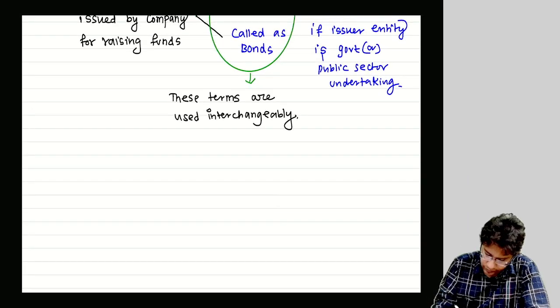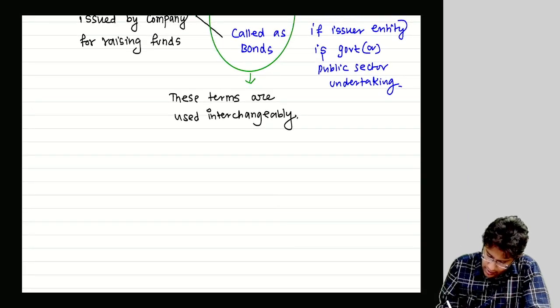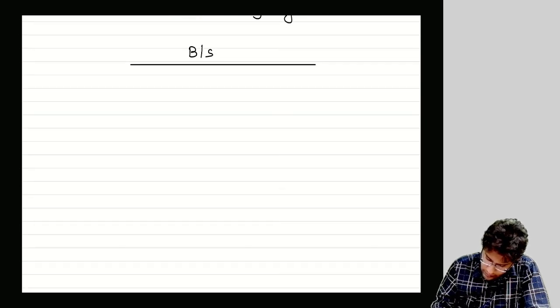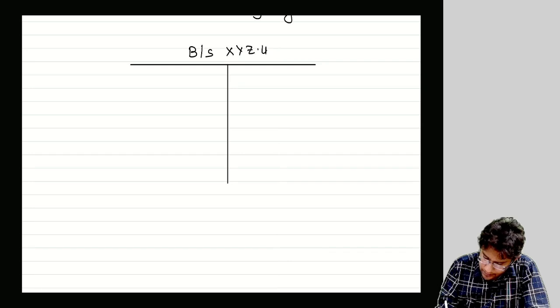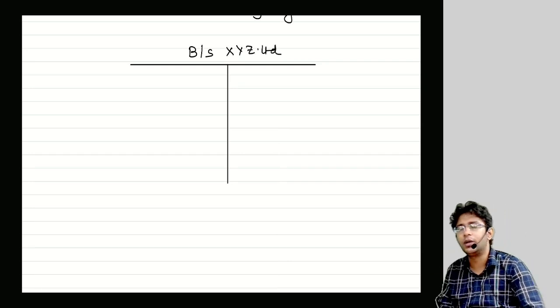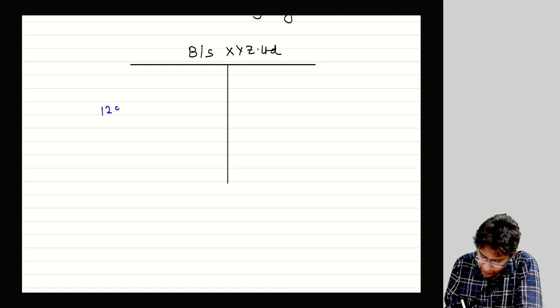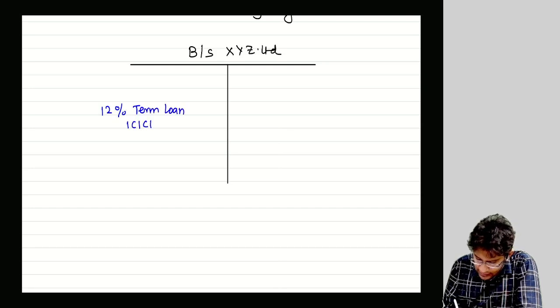Now, come here. Imagine this is the balance sheet of a company, XYZ Limited. XYZ Limited wants money. So what they have done is taken money from a bank, a 12% term loan from ICICI Bank.